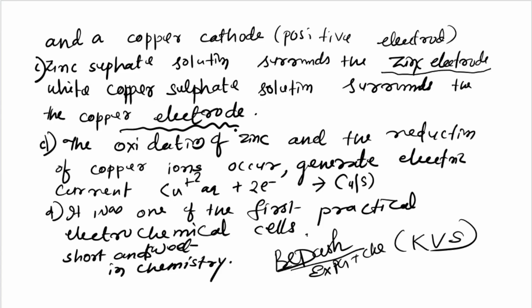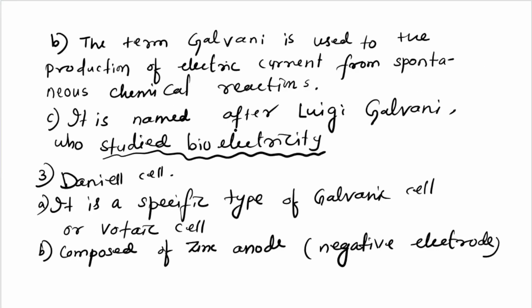Galvanic cell and voltaic cell are both similar. The scientists are different: Galvani was especially a biological scientist, and he studied bioelectricity, how electricity is produced from biology.